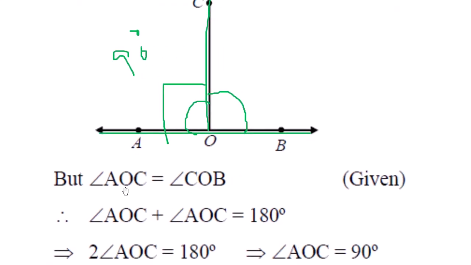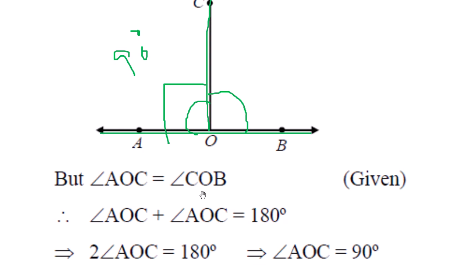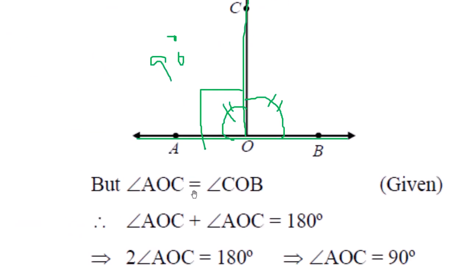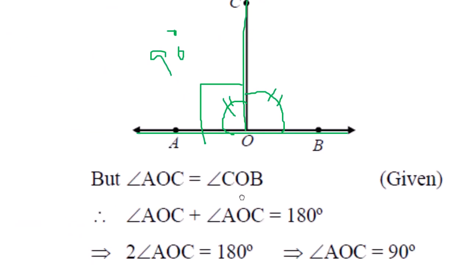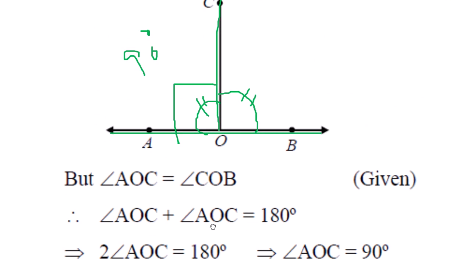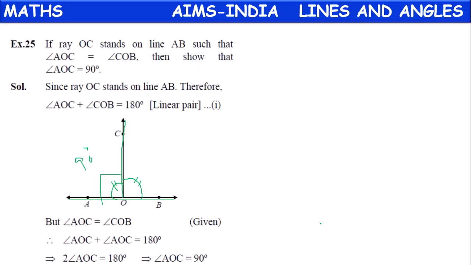But they have given that AOC equals COB, both are equal. So in the place of COB we can keep AOC. AOC plus AOC equals 180, 2 AOC equals 180, AOC is 90 degrees. So, proved.